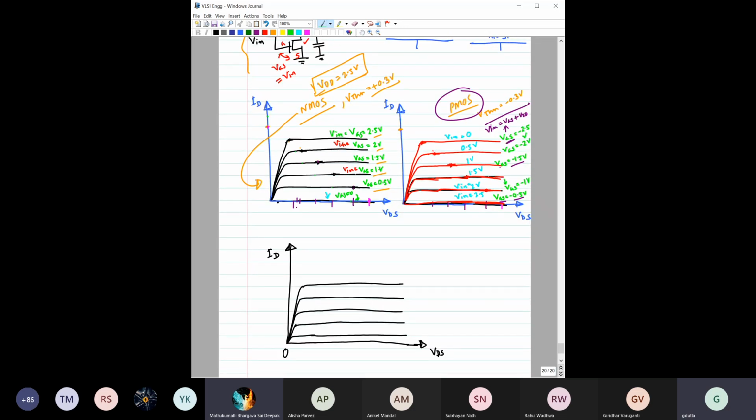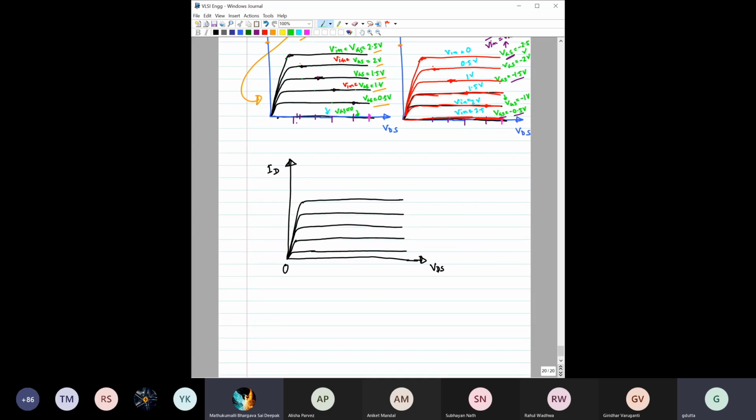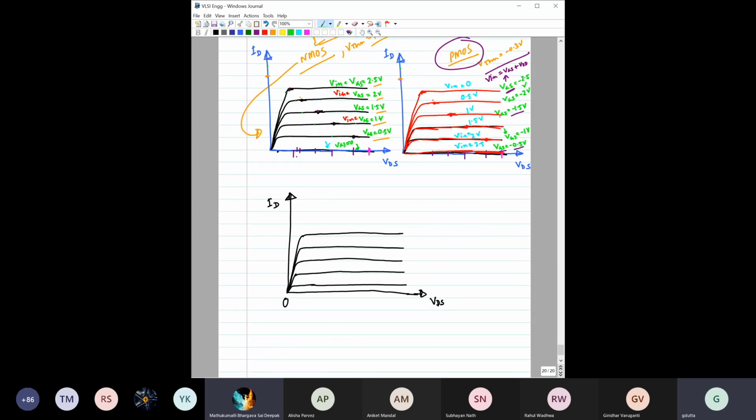So now, again, our goal is to get the VTC from this, graphically first. Then you know what is the technique. This NMOS technique we have to keep as it is, and we have to take these characteristics and superimpose these characteristics on top of this. So please suggest how am I going to do this?